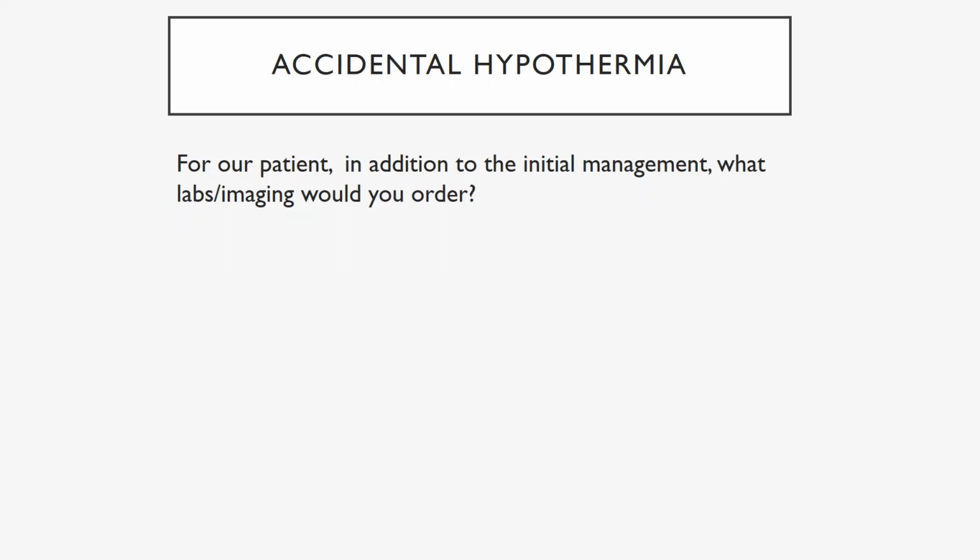So you got the EKG, you have the vitals. I didn't tell you, but say this patient was unresponsive, you did the ABC, what are some of the labs or imaging that you would order for this patient? Would you order anything? Electrolytes, okay.